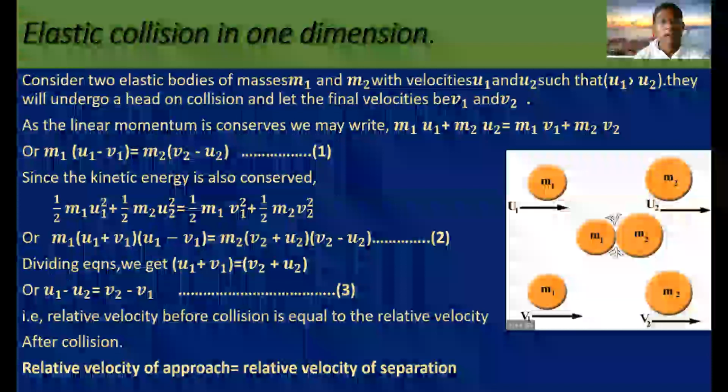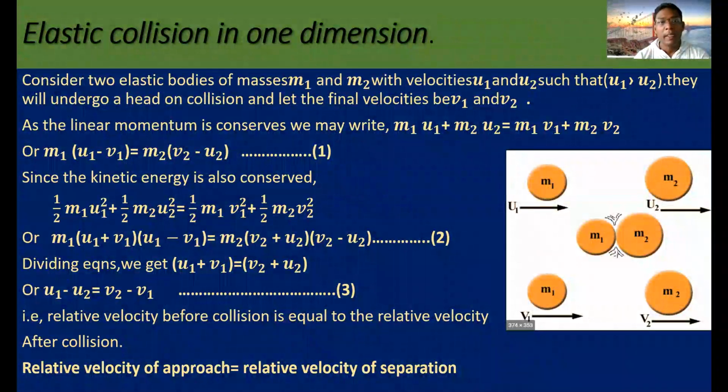Now we'll see the mathematical derivation of elastic collision in one dimension. What we are studying now is elastic collision in one dimension. I have already mentioned that in one dimension they move in the same path before and after the collision.